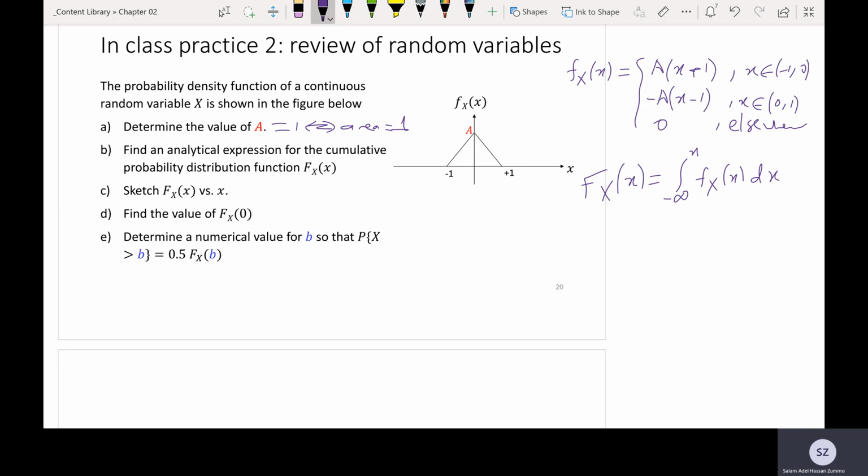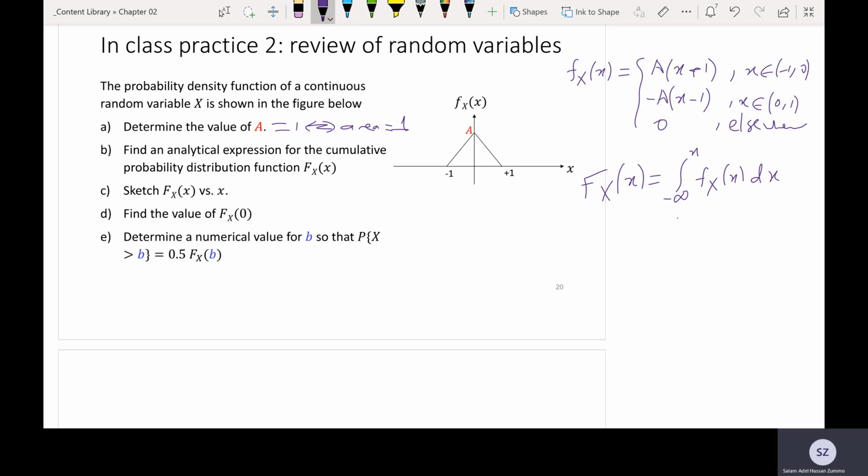Now, in this region, what will be F_X? The integration of this will be like the opposite of the square. It's something that is going down. However, it adds to whatever this is. And similarly, what is the integration here? Not 0. It has to be 1 because it adds up.